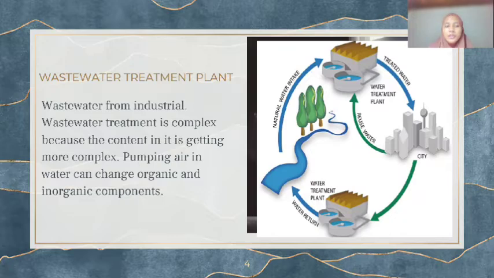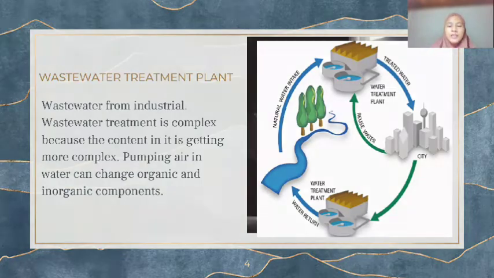Pumping air into water can change organic and inorganic components. Inorganic components can form oxidants. Organic components are aerobic and able to be decomposed by microbes. The way to conserve water is to treat waste.